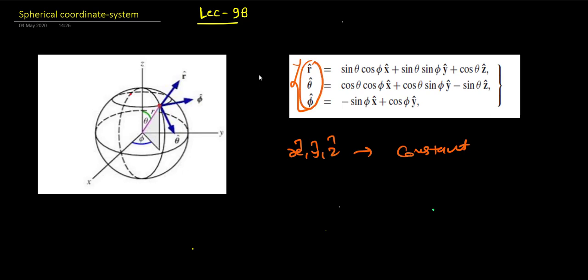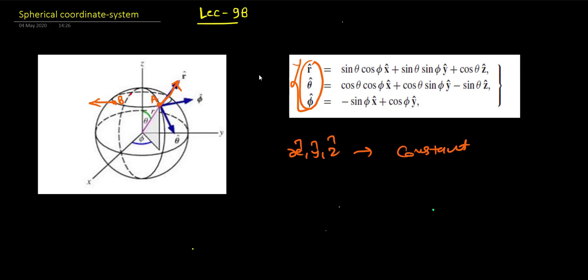As you can see from the figure, let's say this is point A and this is point B. If you are at point B, the directions of r cap, phi cap and theta cap would be different. r cap would be in this direction, and previously it was in this direction. So r cap, theta cap and phi cap depend on theta and phi.